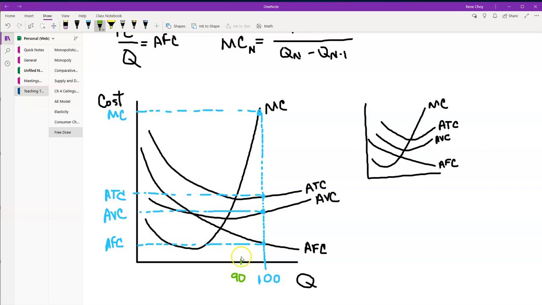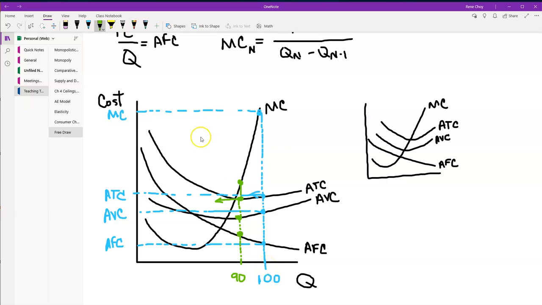Notice that at 90, my average fixed cost is a little higher, but my average variable cost is a little lower, and my average total cost is a little lower. My marginal cost is also lower. At 90, I'm actually more efficient than at 100 because my cost per unit is lower at 90 than it is at 100.